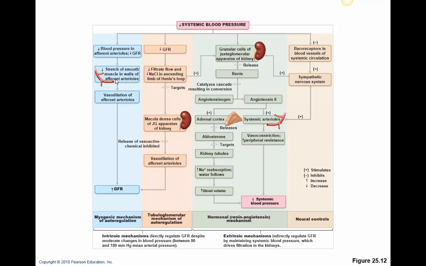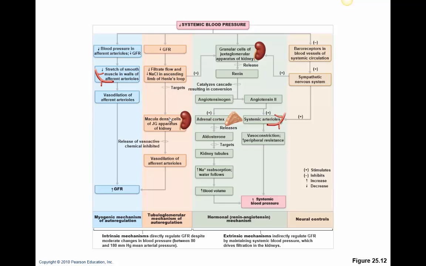So falling blood pressure causes vasodilation of that afferent arteriole. The same thing occurs when we see a decreased flow due to low blood pressure passing through the distal convoluted tubule up here near the glomerulus.